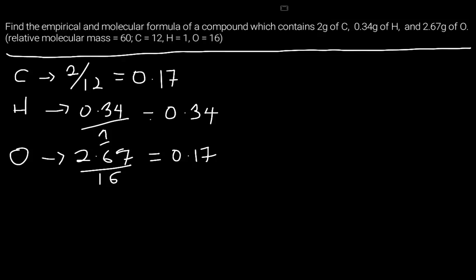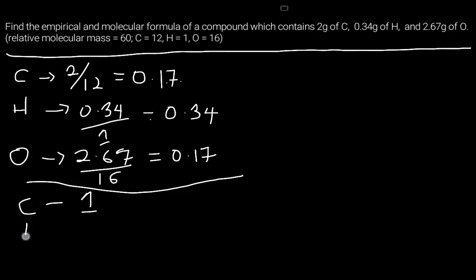The next step is dividing each of these by the smallest number, and the smallest here is 0.17. For carbon, 0.17 divided by 0.17 gives 1.